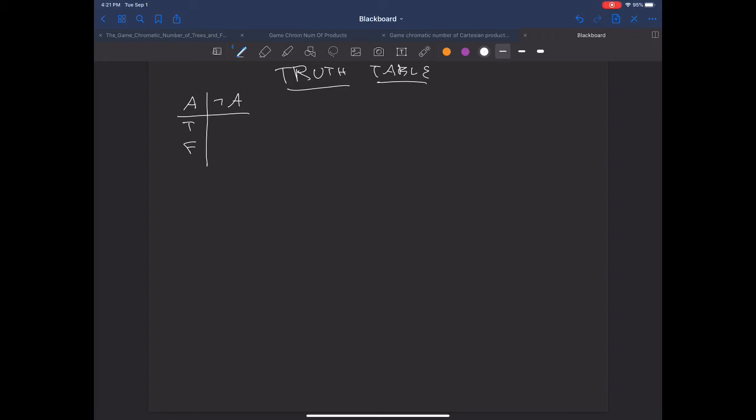What is the truth value of not A in both of these situations? Well, if A is true, not A is false. And if A is false, not A is true. So what we have right here is just a graphical representation of the truth values of not A.